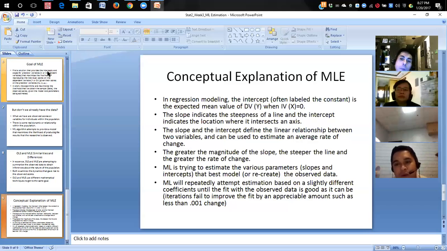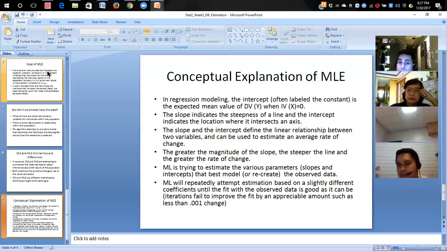So in my simulation, for NCEE, the National Collegiate Entrance Exam, as a dependent variable, my mean score was 29 when my independent variable, the IQ, was 0. So that's what we're going to look at on the SPSS output tonight.